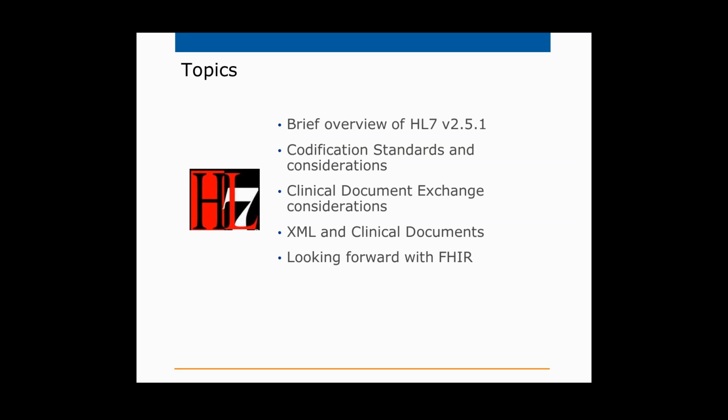I wanted to briefly discuss clinical documents and what we're seeing with those, as there is some overlap with version 2.5.1 and clinical documents. And I also wanted to briefly take a look at the newer HL7 framework called FHIR, for anyone who hasn't been exposed to that, just to get some exposure to it, as we are seeing FHIR as part of Meaningful Use Stage 3, at least currently as it's written.